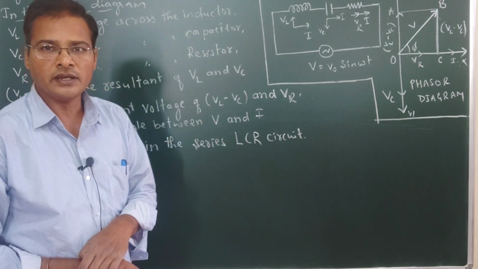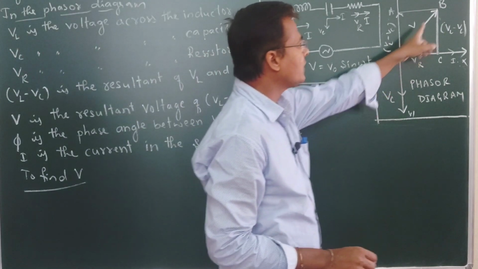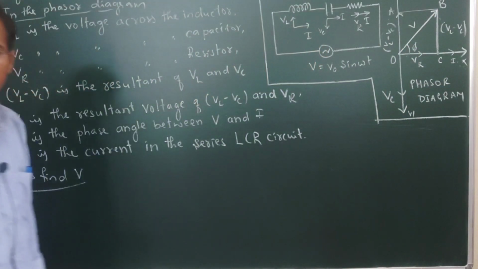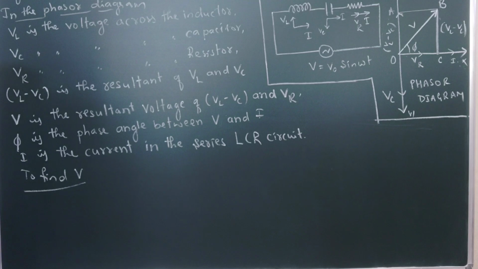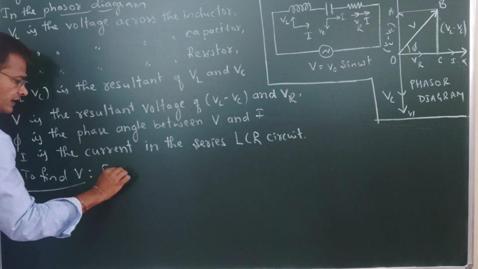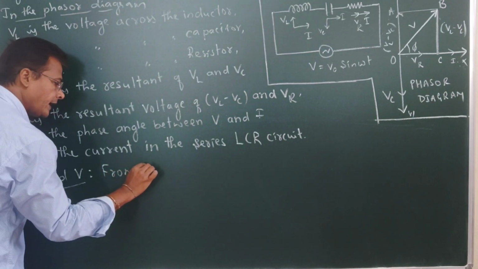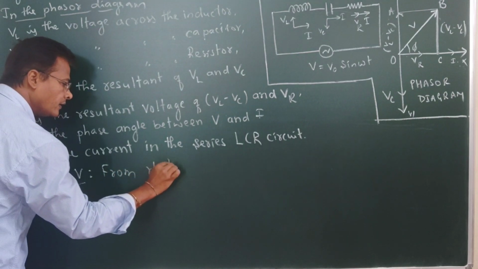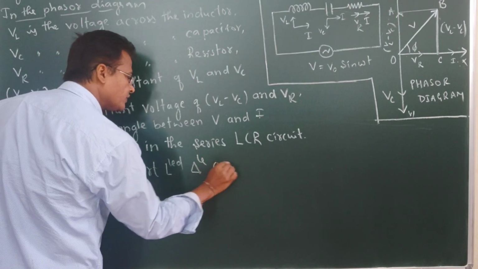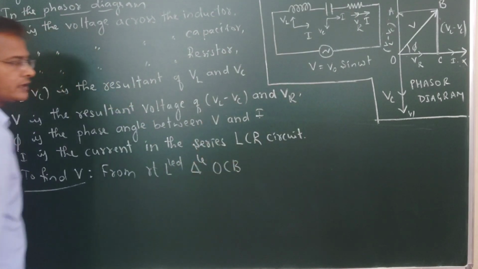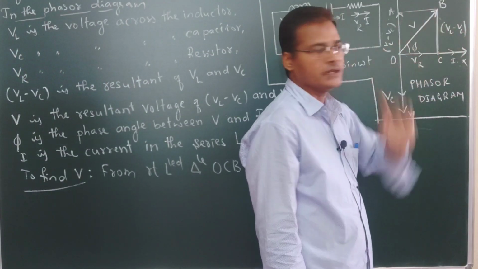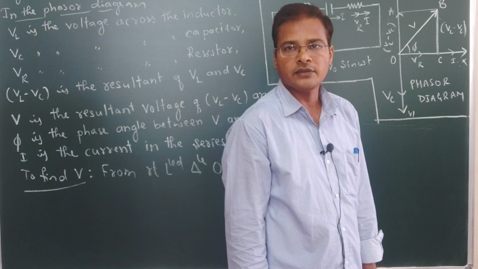To calculate this, we take this triangle, the right angled triangle OCB.